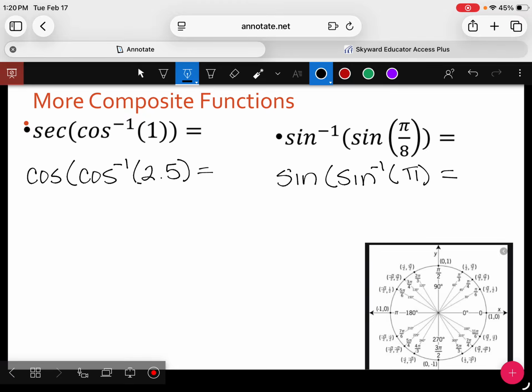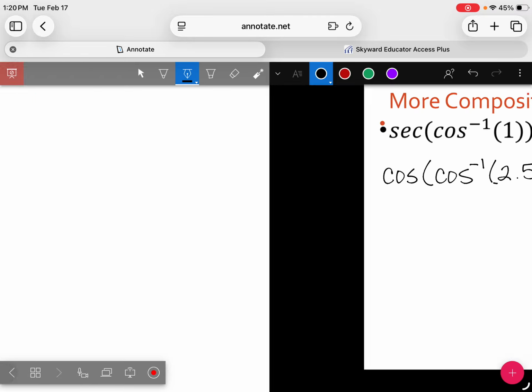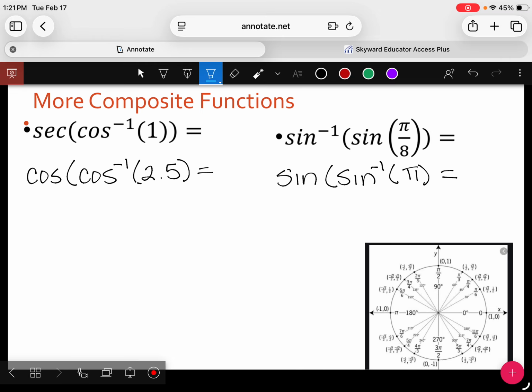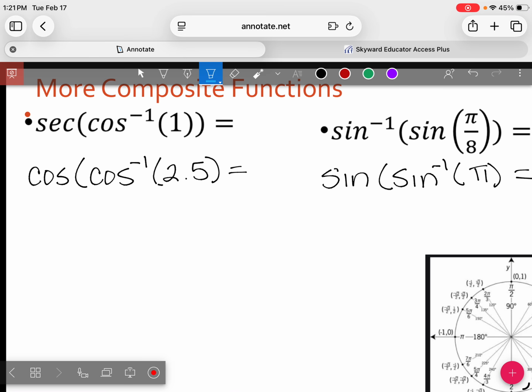So whenever we start with an inverse, if you go back and look at these, notice how all of these, we started with just finding the value. None of these started with an inverse. Does everybody see that? So whenever we start with an inverse, the first thing you need to know is that you have a domain and range.